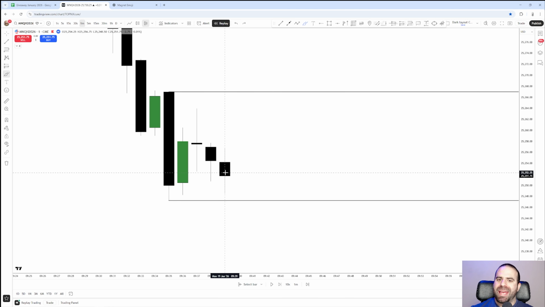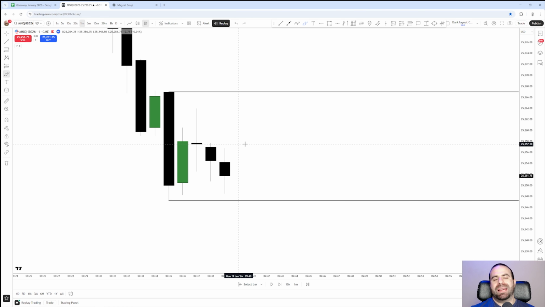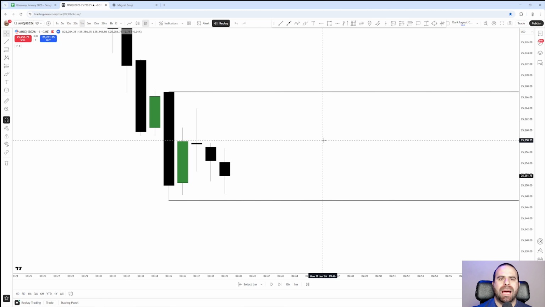You want to see a break below on the 1 minute. If you had a bearish bias, so down, you would be waiting for a break above. That way we are filtering out all of the bad trades and we are getting into very high probability trades, even with this mechanical strategy right here.